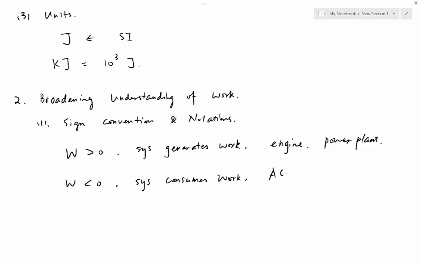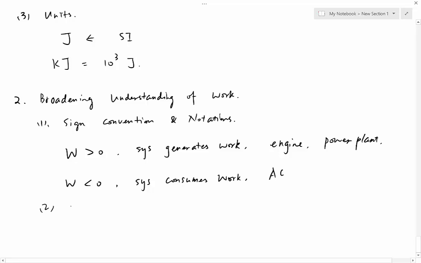So that means your AC consumes electricity, and electricity is also one format of work. So your AC consumes work. That's why this work must be negative. That's the first thing, the sign convention. We do have positive work and negative work.